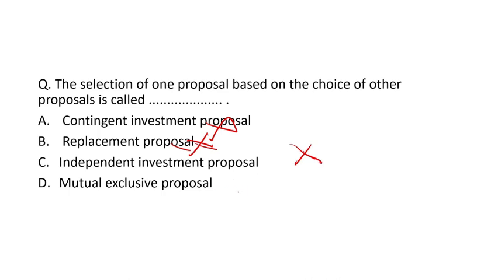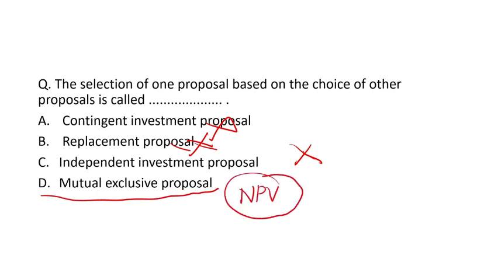The right answer here, the most accurate one, is the mutually exclusive proposal. And the method of capital budgeting most appropriate for mutually exclusive projects is the NPV, the net present value method.